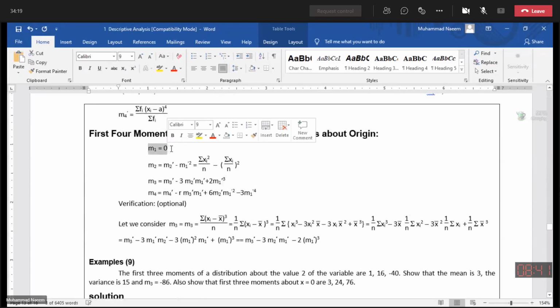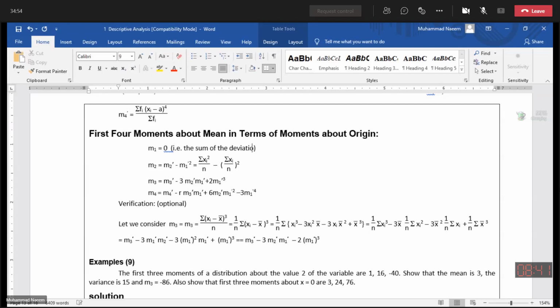Why is the first moment about mean 0? The reason is that the sum of the deviations from mean value is always 0.